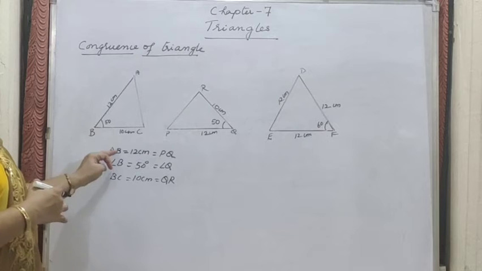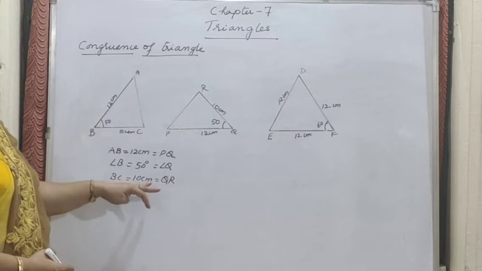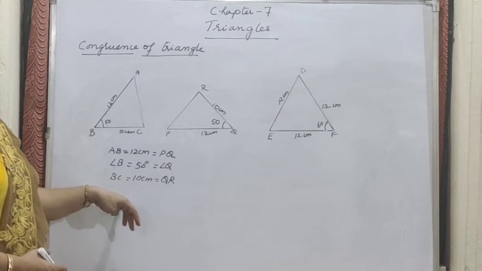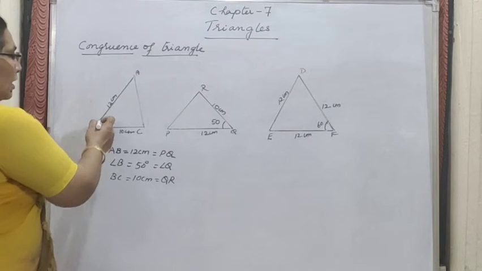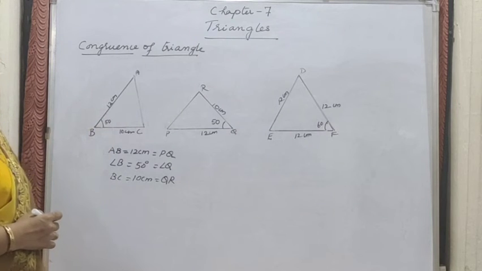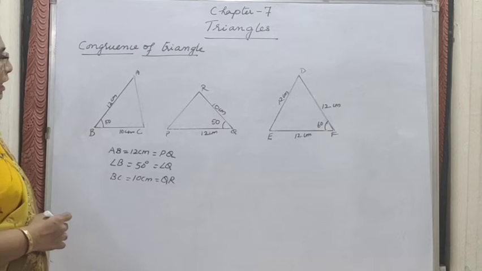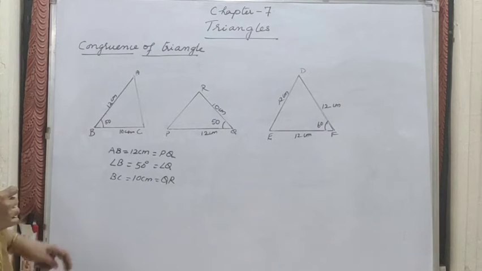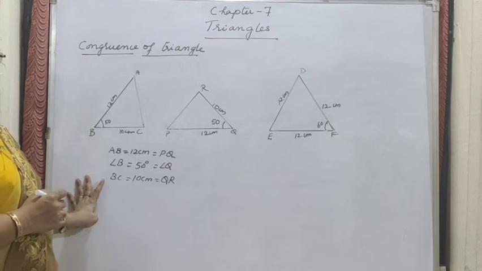So when we are taking the criteria like this, it is called side angle side. This angle is the included angle. This is the first criteria you have to study for the triangle, that is SAS criteria. Before that, what is the meaning of this congruency?